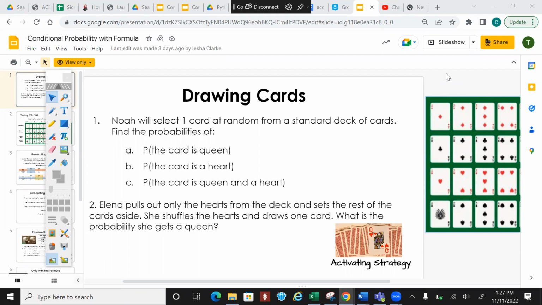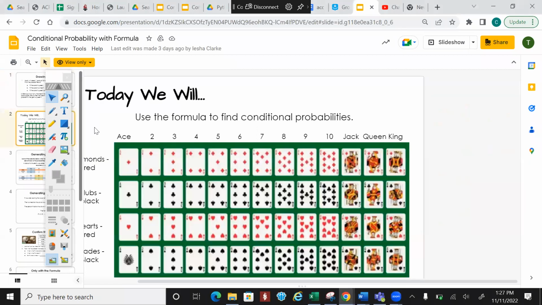Okay, so Noah will select 1 card at random from a standard deck of cards. How many cards are in a deck? Okay, so really quick, for those of you who have never played with cards before, there's an ace in each suit.